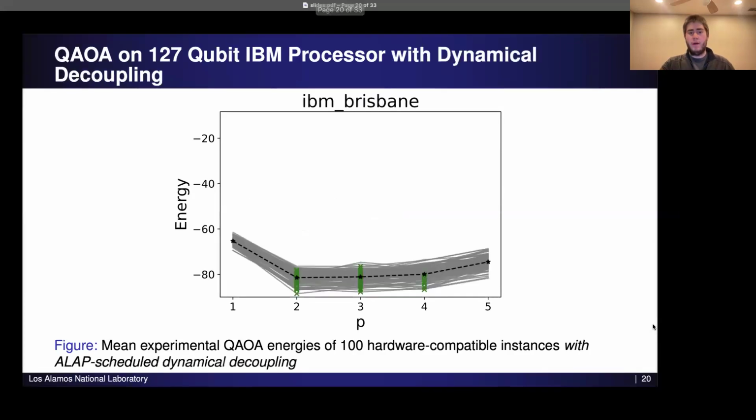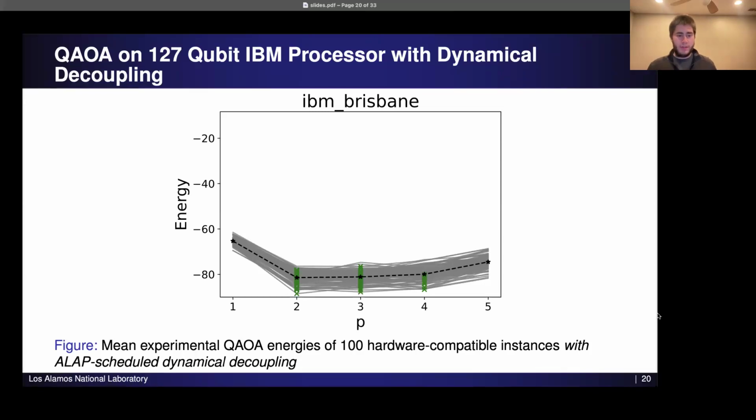Okay, so this plot is showing the same experimental setup as the first plot with IBM Brisbane, but here we've executed the QAOA circuits with dynamical decoupling scheduled as late as possible. The reason I'm showing this plot, we have many more plots in the paper, is that this was generally the best performing result that we found.